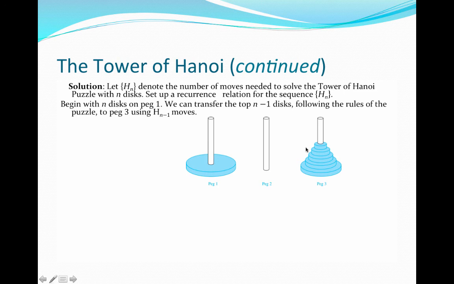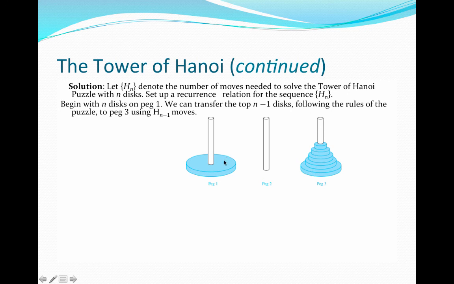So we first move these n-1 discs from peg 1 to peg 3, and since it doesn't matter which peg we move them to, that doesn't affect the total number of moves we need, so transferring these discs from peg 1 to peg 3 can be done in h sub n-1 moves.